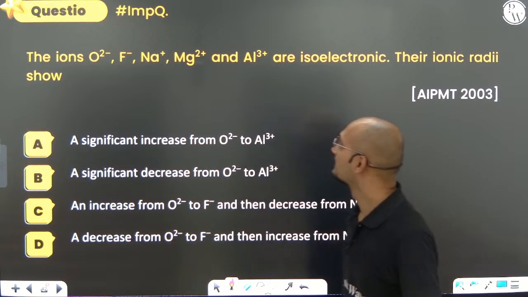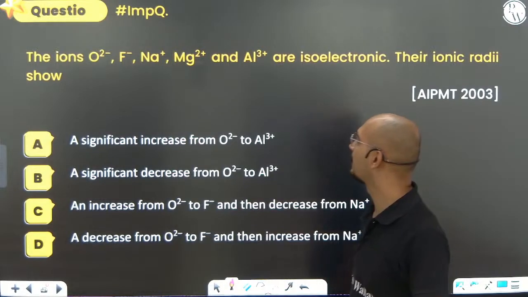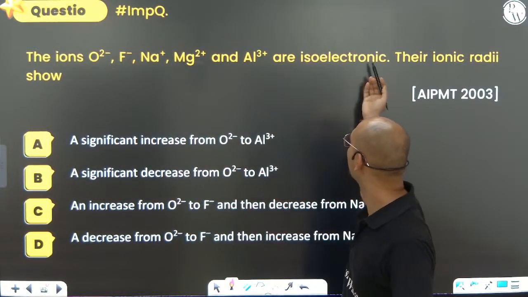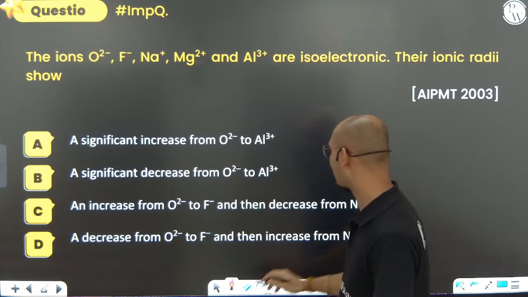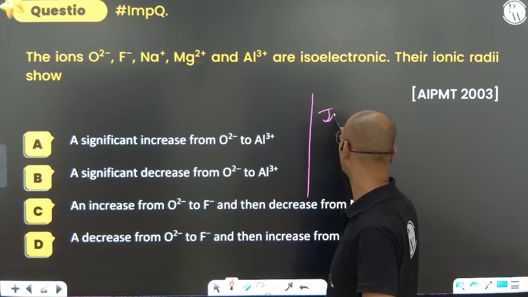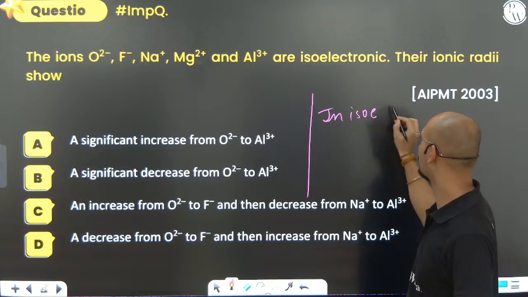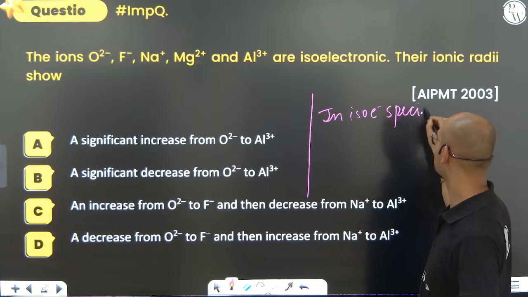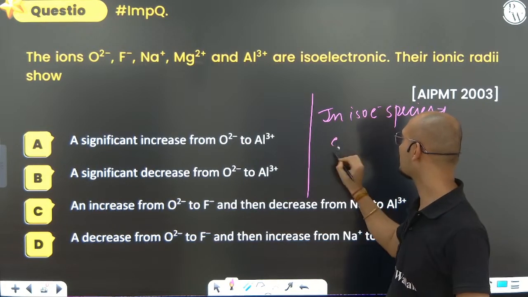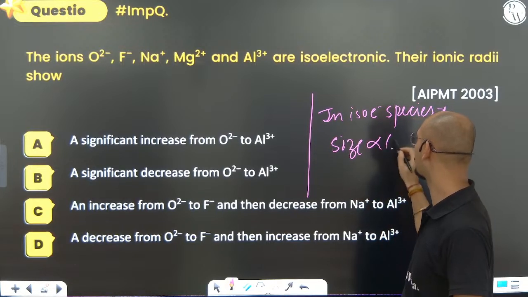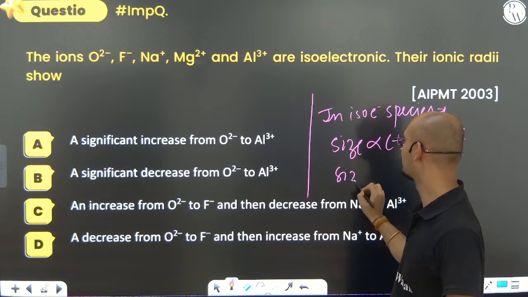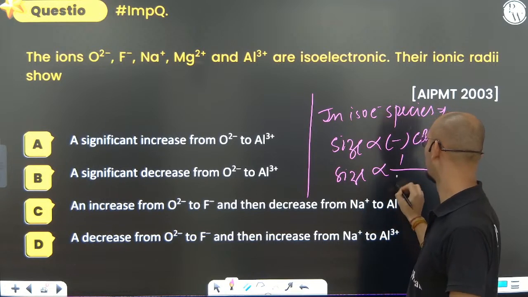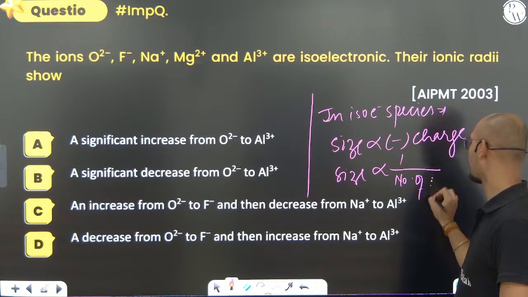Next, the ions O minus 2, F minus 1, Na plus, Mg plus 2, Al plus 3 are isoelectronic. Their ionic radii: always keep in mind, in isoelectronic species, size is directly proportional to negative charge, or you can say size is inversely proportional to the number of protons.